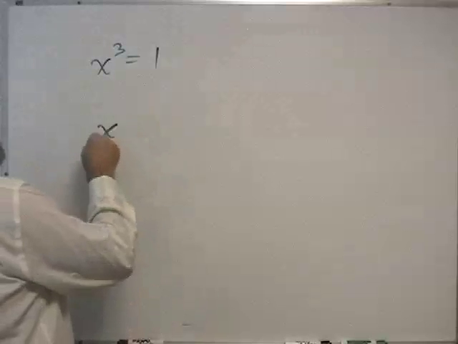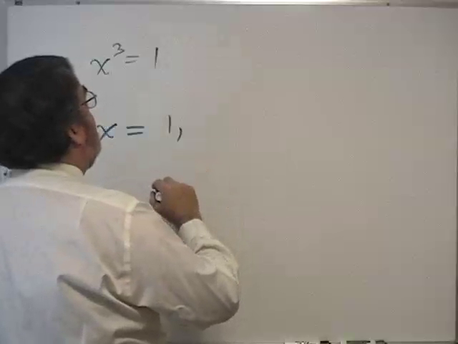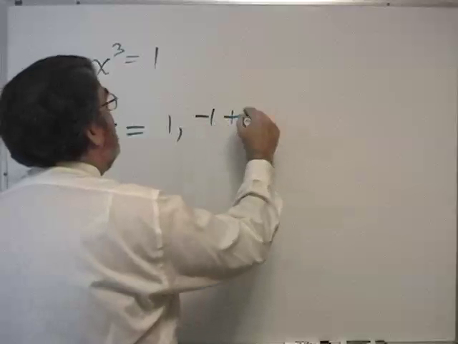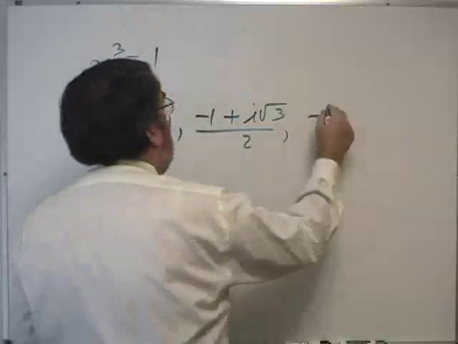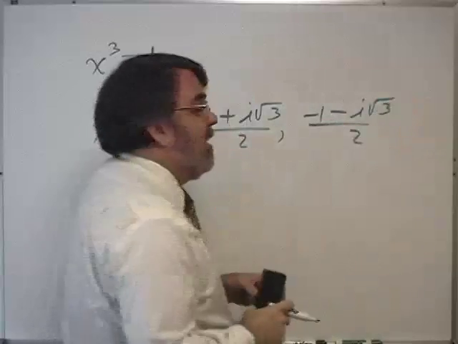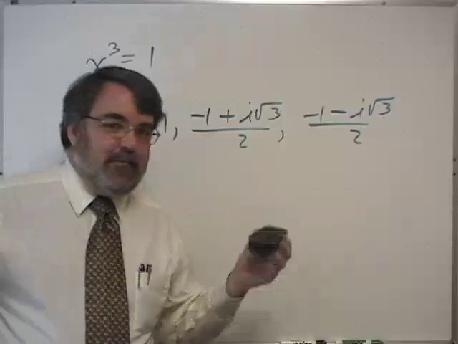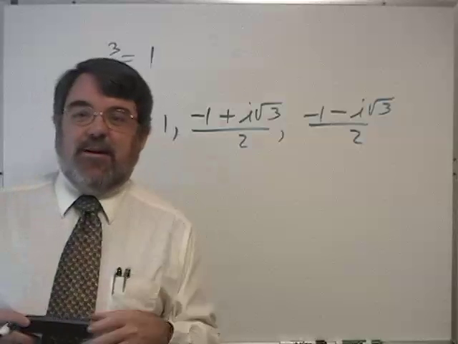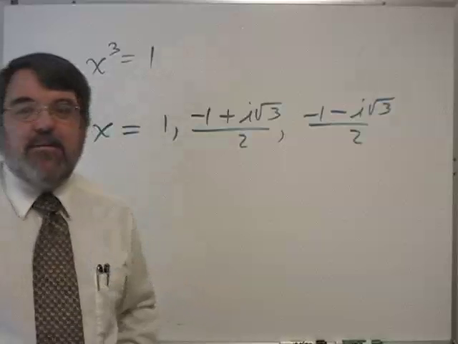The answers are x equals 1, and then it's going to be, let me think here, negative 1 plus i times the square root of 3 over 2, and negative 1 minus i times the square root of 3 over 2. So I think what I did earlier in the video was put square roots of 2 there instead of square roots of 3. Anyway, this would be correct. I was a little careless doing all that trigonometry stuff in my head. Alright, not a big deal, but I do like to fix the video.